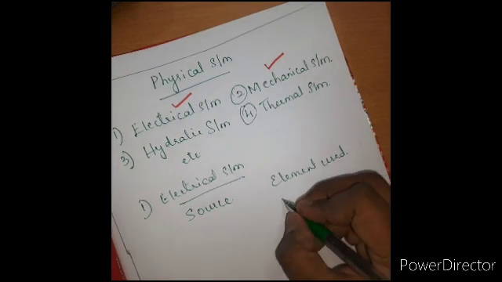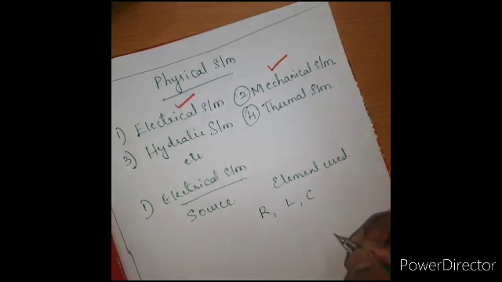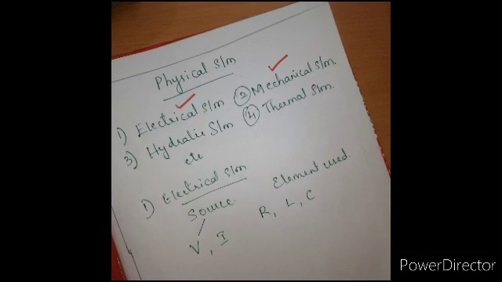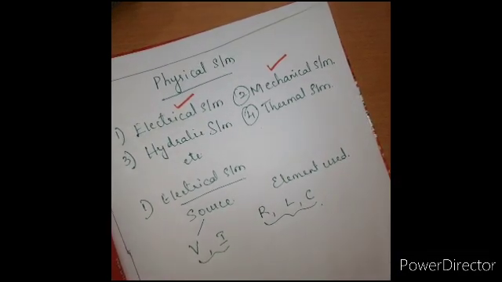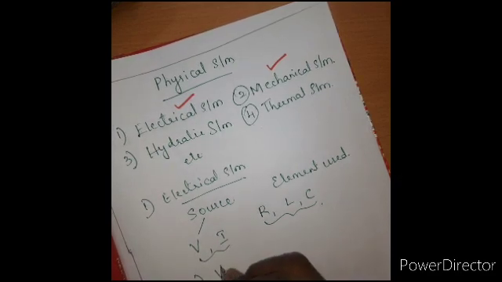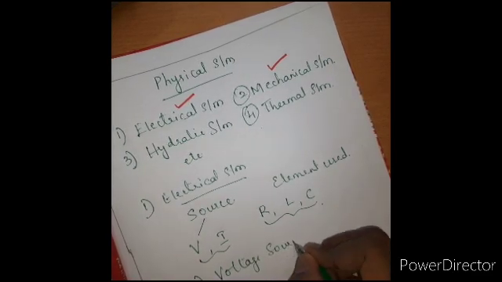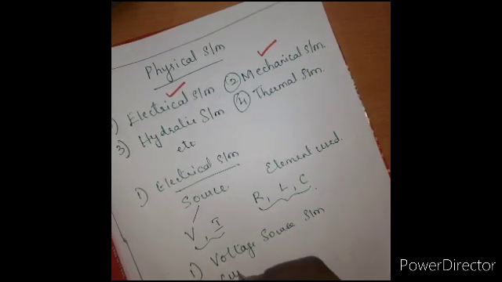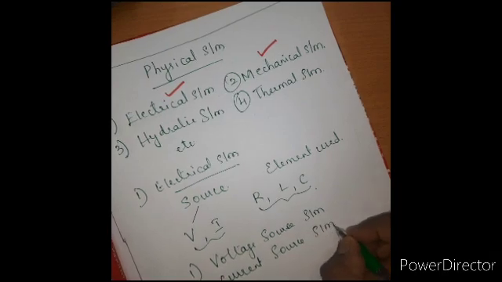If I say electrical system, you will be having resistor, inductor, capacitor. Source will be voltage, current. These are the elements. This is the source. If I am using voltage as source, then I will get voltage source system. If I am using current, then I will get current source system.